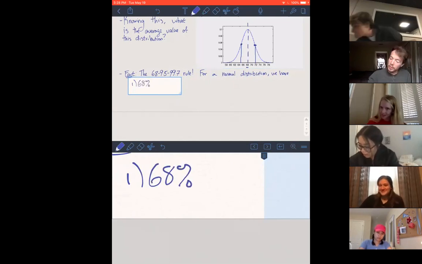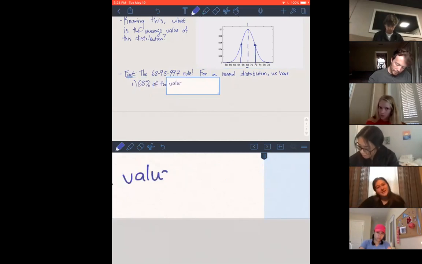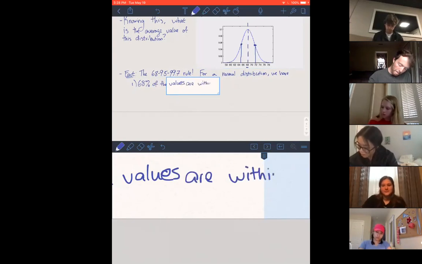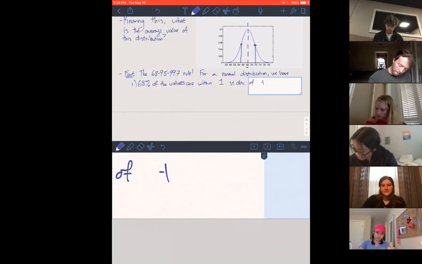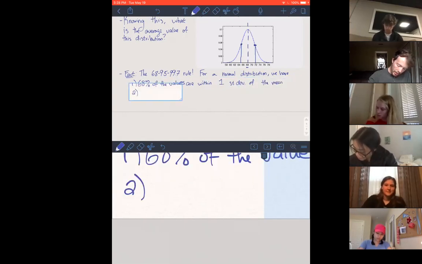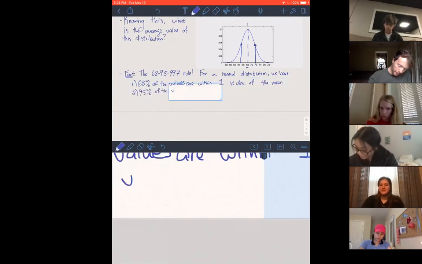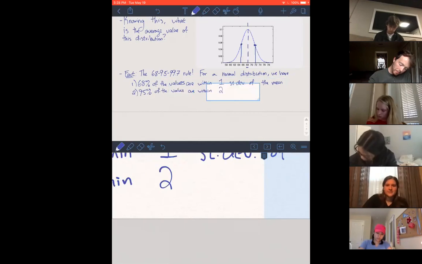We have 68% of the values within 1 standard deviation of the mean. 95% of the values are within 2 standard deviations of the mean.